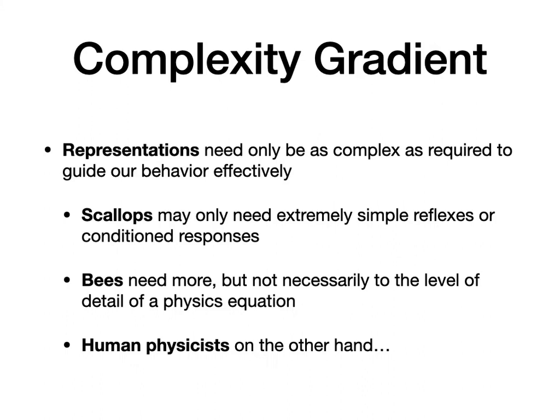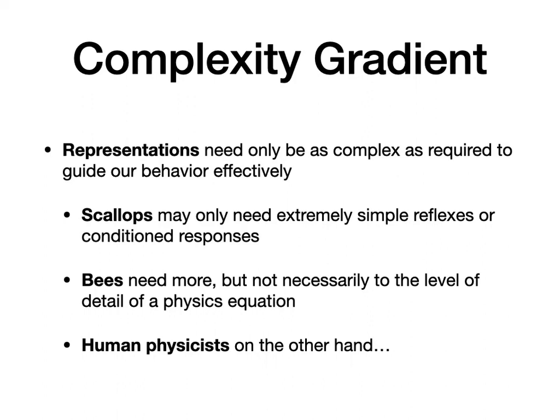They're not solving trig and physical trajectories in the wind. They are doing something, but it's not that complex. Now, human physicists, on the other hand, who need to work out these problems all the time, are doing a whole lot more, and they need to represent more things. Now, whether or not humans are capable of representing all of the things needed to do good science, that's a can of worms, said the scientist.